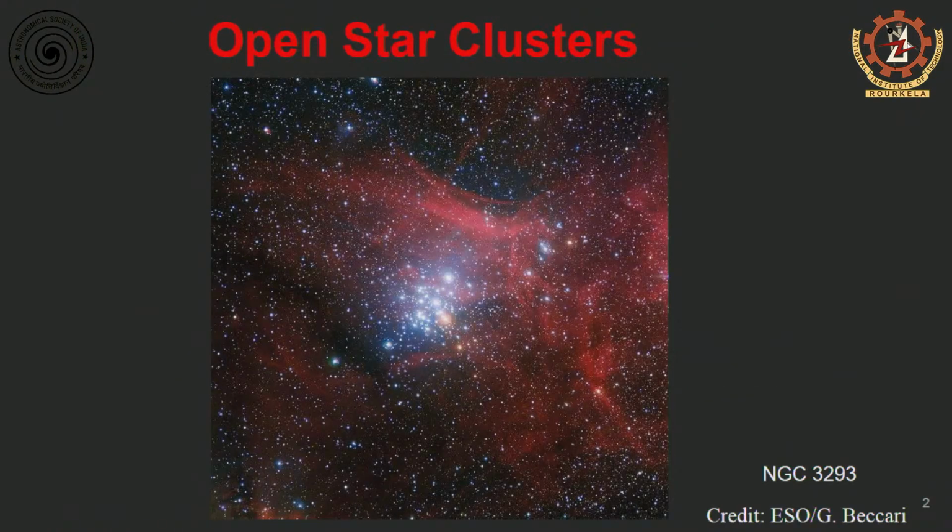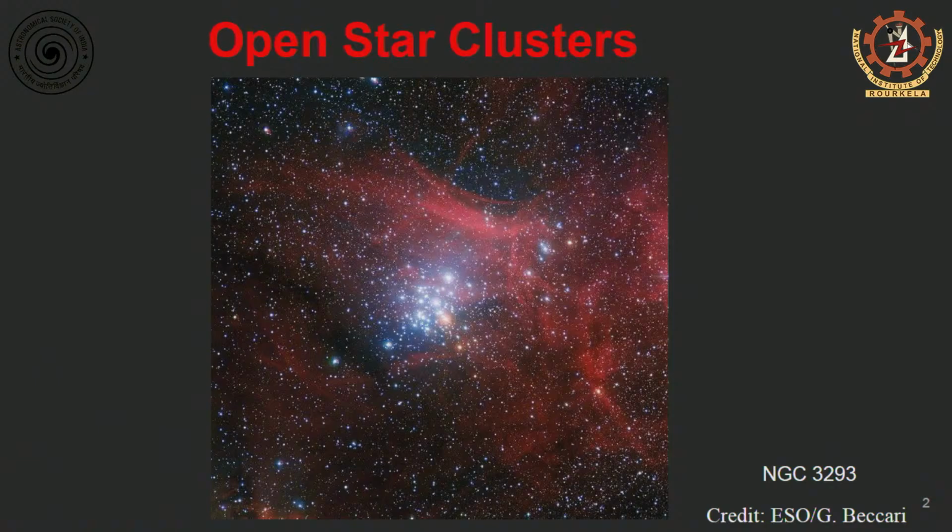To brief you about open star clusters, as you have already heard from Manoj about star forming regions, these are the successors of star forming regions. When you have a star forming region and, over a period of time, you see such bright stars, that is called an open star cluster.